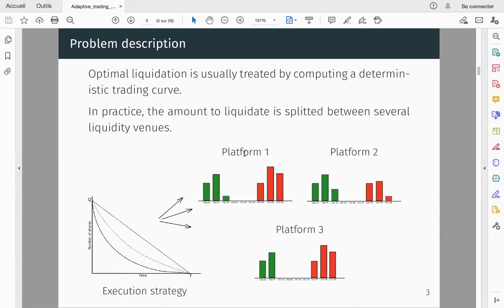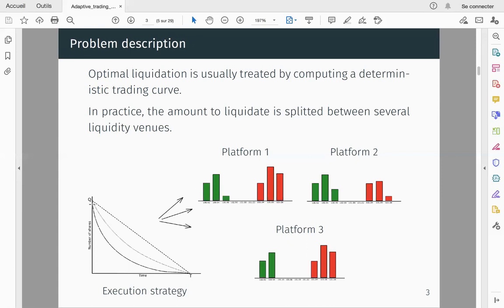So we can move on to the description of the problem, which is, as I said, the smart order routing problem. As I illustrate right here, the construction of a trading strategy usually involves two layers, which are almost independent. The first one is the strategic layer, which is the construction of an execution curve, for example, a la Almgren-Chriss, which neglects all the microstructure effects.